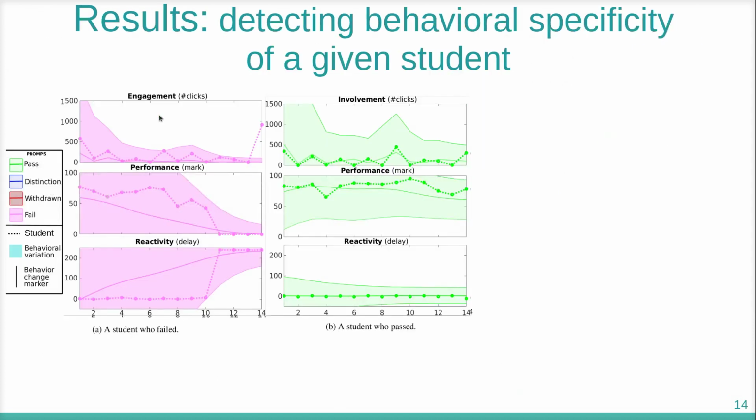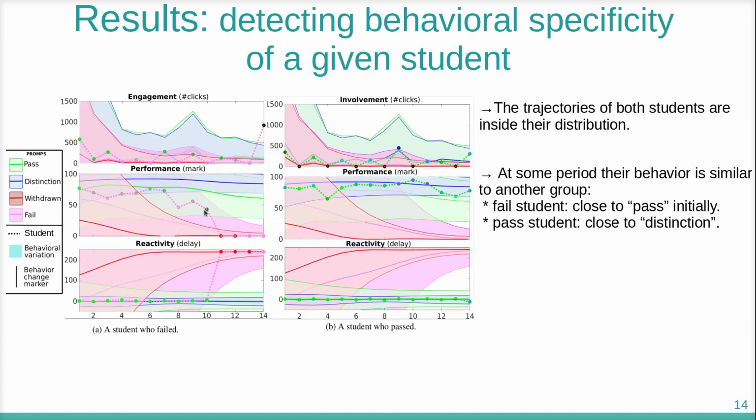The last result consists of detecting the behavioral specificity of a given student. In dotted lines, we represent the trajectory of a student who failed, in pink, and one who passed, in green. First, we can see that the trajectories of both students are inside the distribution. However, if we compare with other distributions, at some periods the behavior is similar to another group.